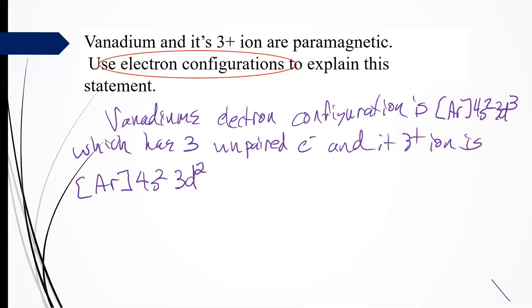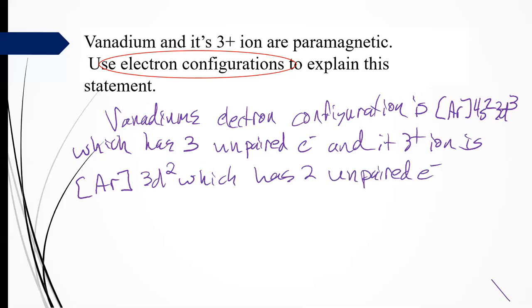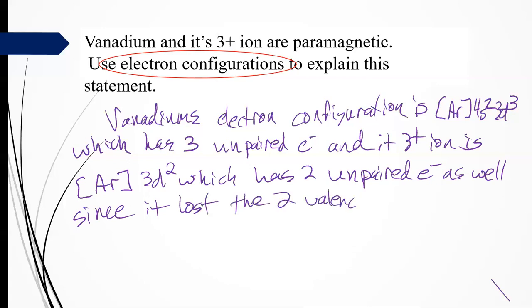Oh, sorry, not 4s. We've lost the 4s. Which has 2 unpaired electrons as well, since it lost the 2 valence electrons first.